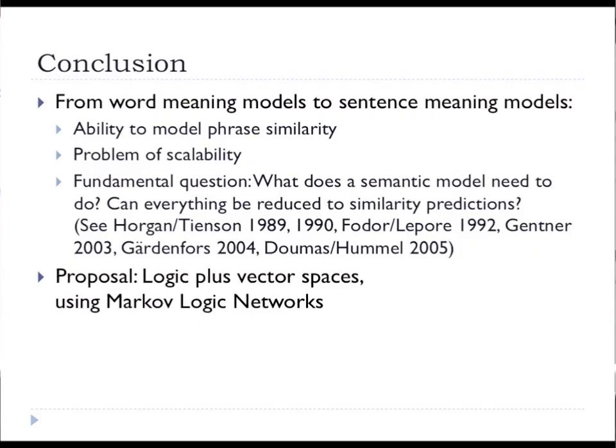Does it suffice for it to be able to predict similarity, or what do we expect of our semantics? And we can actually look at a similar debate in the context of symbolic versus connectionist AI to the question of how far can we get with similarity. So what I've been starting to look at is combining logic and vector spaces using Markov logic networks.